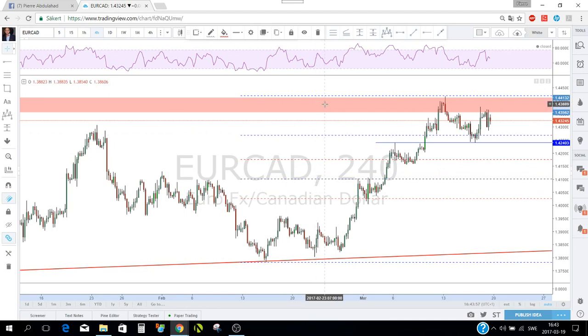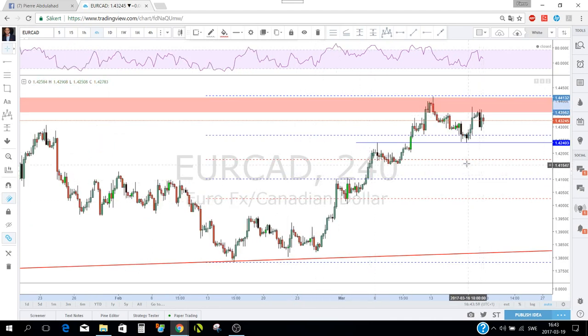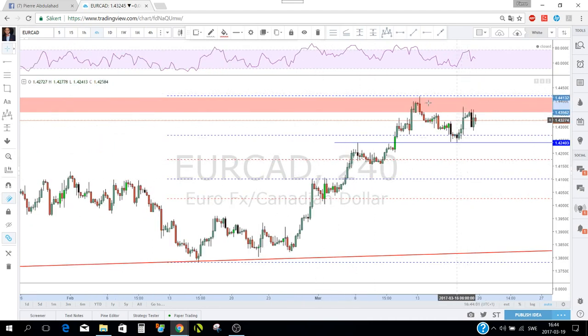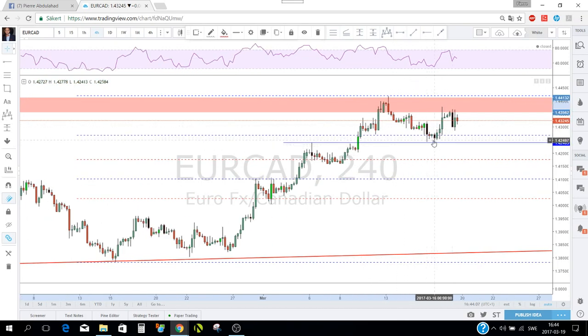So I will be looking, since we didn't break this high, and we did break this swing low here, as you see. This low is lower than this one, and we didn't break this high.